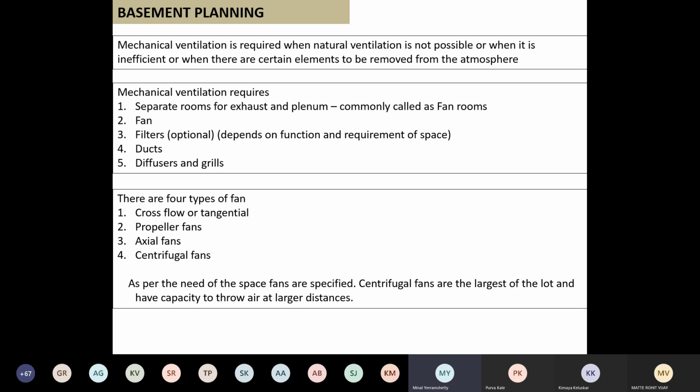As I said, sometimes you require mechanical ventilation for a space like, say, a laboratory. Now in a laboratory, when I'm throwing this air inside, I will not throw it as it is; it requires a very distinguished kind of atmosphere. So I will use a filter before I release the air inside.